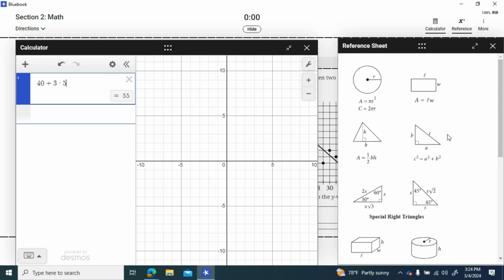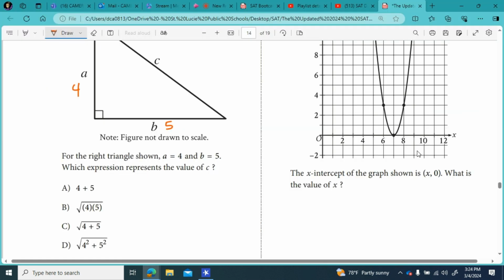Right here, if you can see where my mouse is, C squared equals A squared plus B squared. They do give you the Pythagorean theorem on your SAT reference sheet. They just don't say, here's the Pythagorean theorem to use for finding a missing side on a right triangle. They don't tell you that, but they give you the formula right here. So you don't have to have it memorized if it's not in your wheelhouse, right?